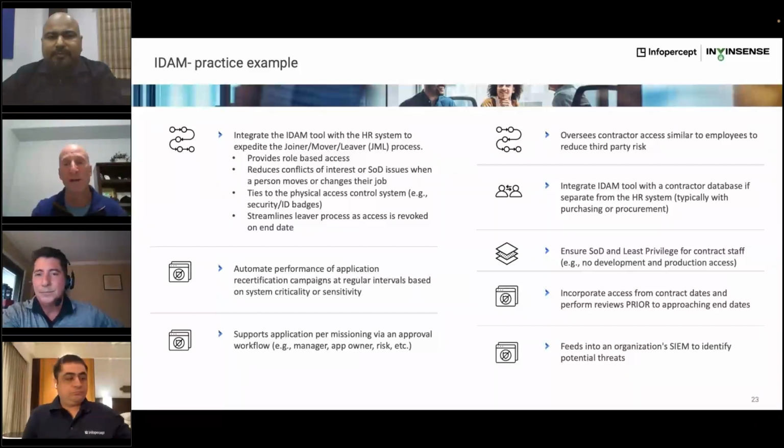So knowing when a contractor's contract is coming up for expiration, we would review that contractor's requirements 60, 30, 15 days out to make sure that on that contract end date, maybe their role is changing, maybe they're no longer going to be in the organization, that their access will be fully removed, both logical and physical access. So tying it into our contractor database, which meant working with our procurement division, was a key piece for us. It worked out really well.